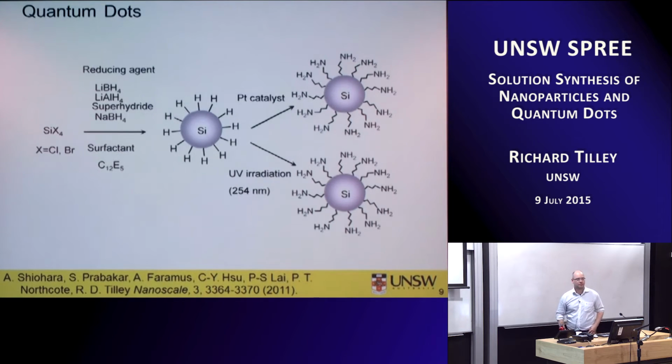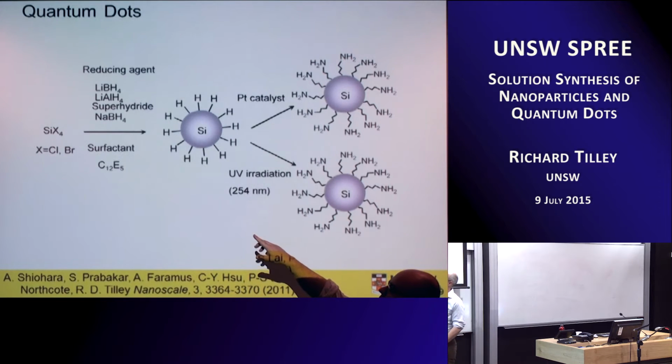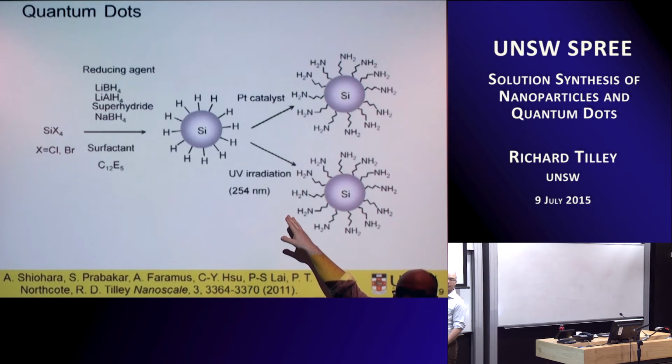Once we've made the dots, we did quite a bit of research looking at different capping protocols and how to protect and passivate the surface of the silicon particles once they're made. Once we've done our reaction with our silicon precursor, we make silicon dots, and essentially they have hydrogen termination on the surface.